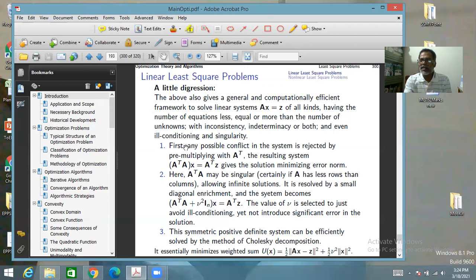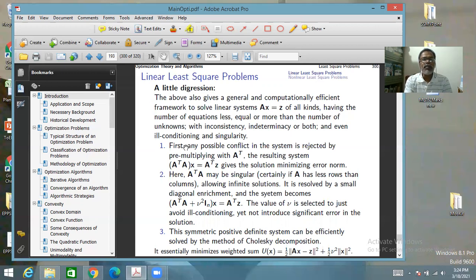So let us study this framework. You may have to solve linear systems of all kinds, rectangular, square, well conditioned, ill conditioned, singular, whatever, and in every case you need one working solution. Through this method, you can find in a single framework a working solution for each and every linear system of equations.